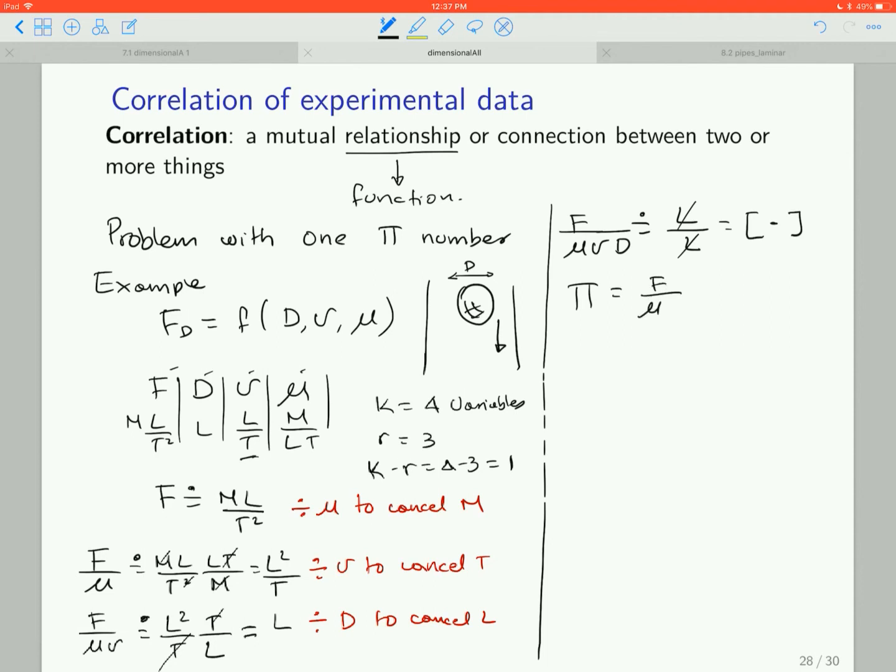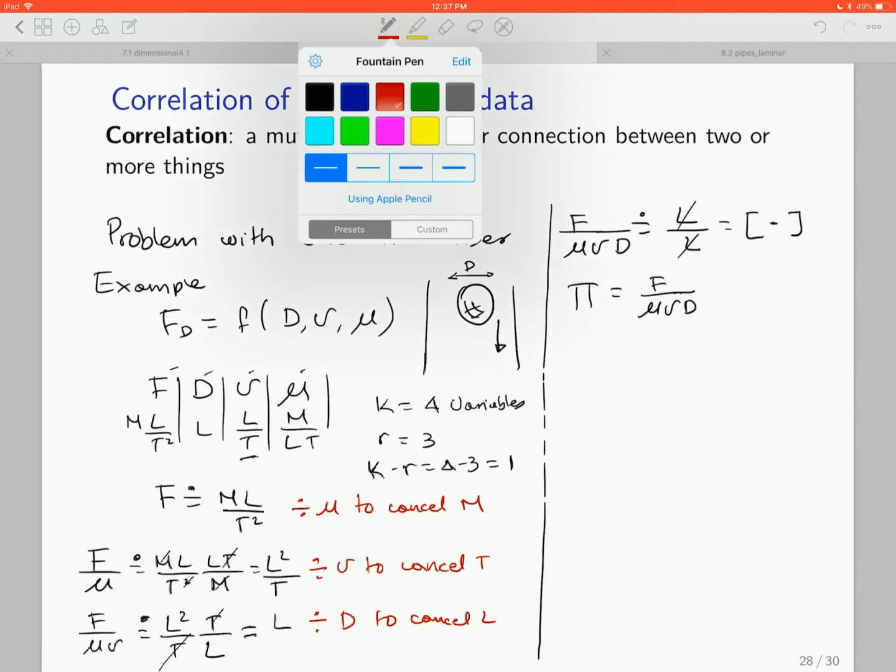So our pi number is going to be equal to F divided by mu, velocity, and diameter.